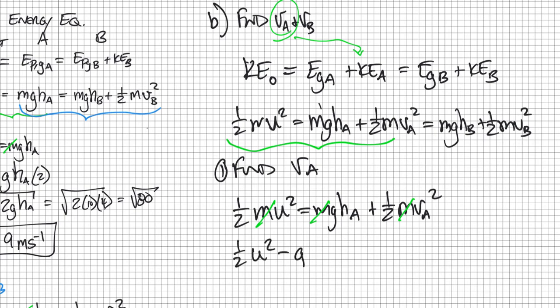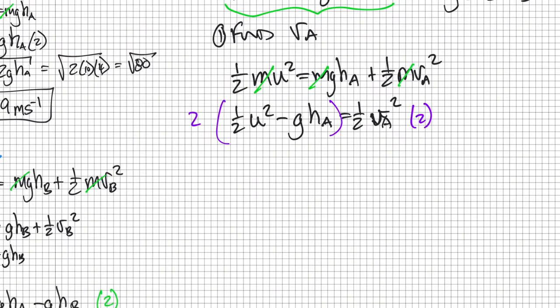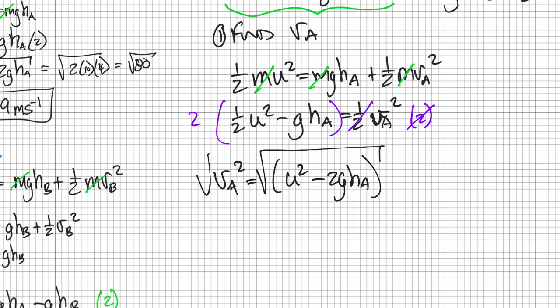I'm going to subtract this over, minus GHA equals 1/2 VA squared. Multiply each side by 2. Twos get rid of there, and we're left with VA squared equals u squared minus 2GHA, and then we need to square root that.